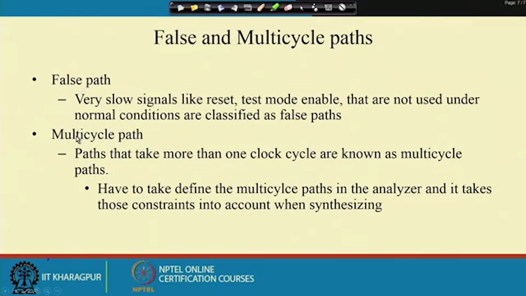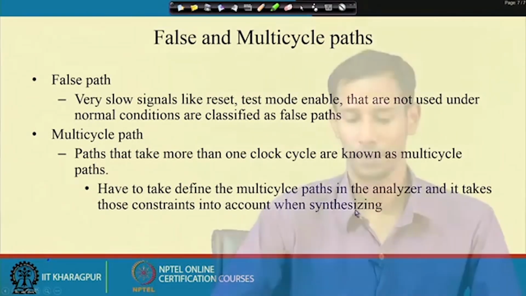And what is a multi-cycle path? Paths that take more than one clock cycle are known as multi-cycle paths. You have to define the multi-cycle path in the analyzer, and it takes those constraints into account when synthesizing.